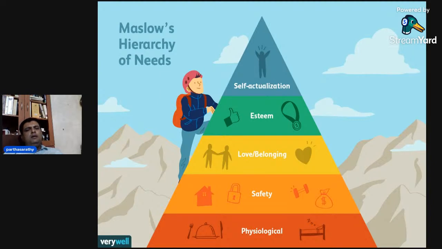One important, widely studied, widely accepted model is known as Maslow's hierarchy of needs. Hierarchy means different levels. So Maslow's theory talks about the different levels of motivation of an individual.